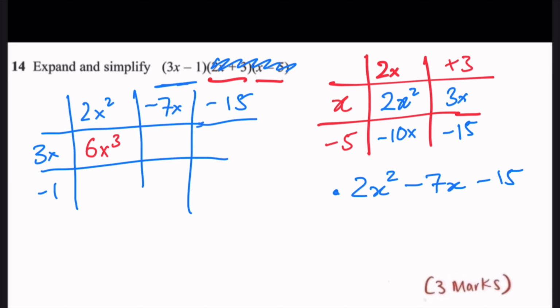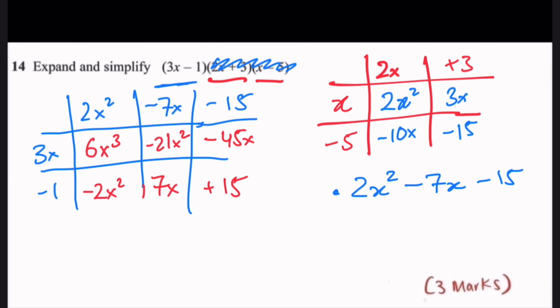Minus 1 times 2x squared gives me minus 2x squared. Minus 7x times 3x gives me minus 21x squared. Minus 7x times minus 1 gives me plus 7x, then two negatives cancel. Minus 15 times 3x gives me minus 45x. And minus 15 times minus 1 gives me plus 15.